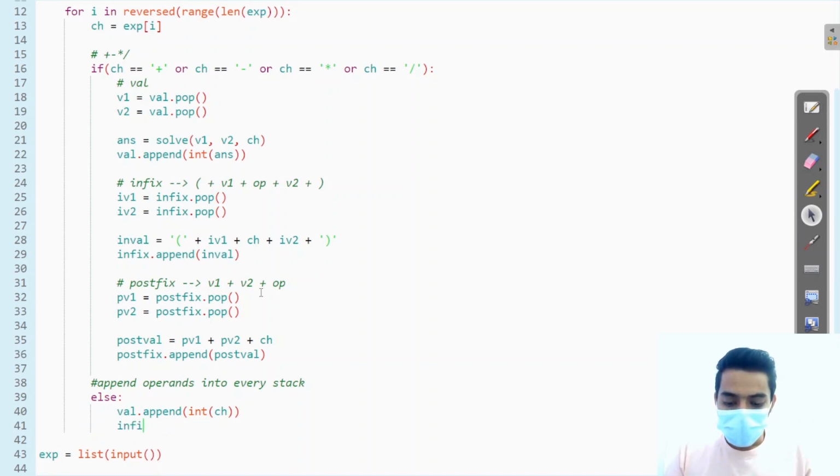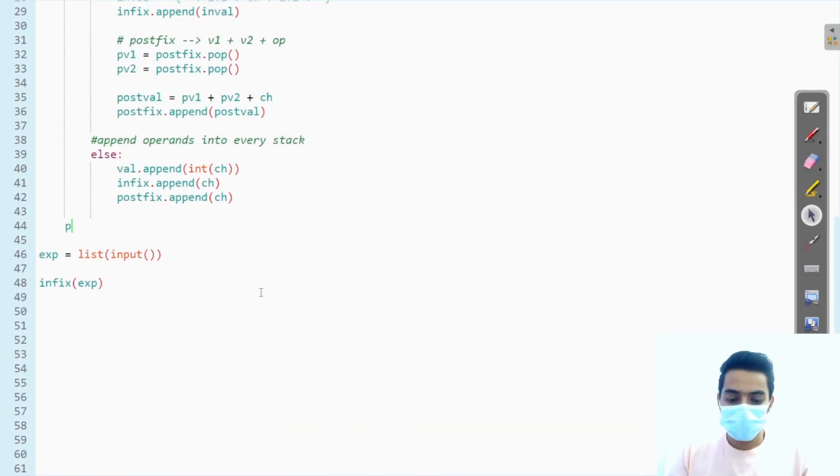Now infix dot append that character, and lastly postfix dot append that character. Okay, after doing these things, we need to print the answer here. Print answers. Okay, so first one will be for value, second one will be for infix expression, and third one will be for postfix expression.